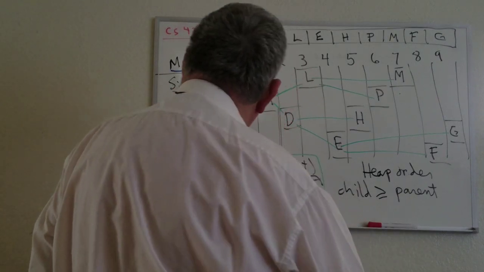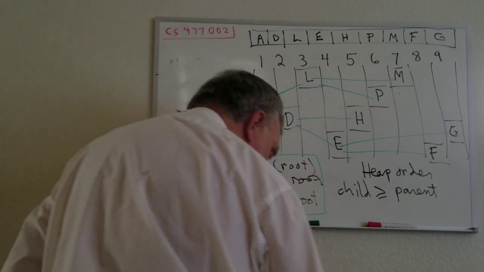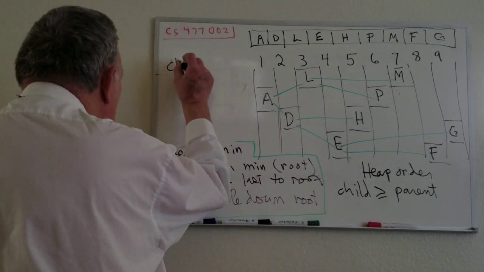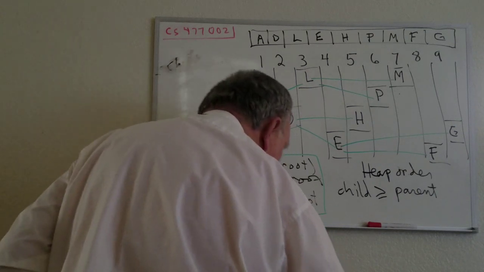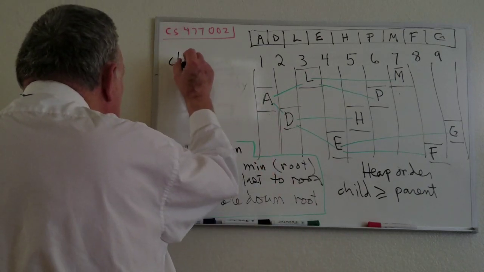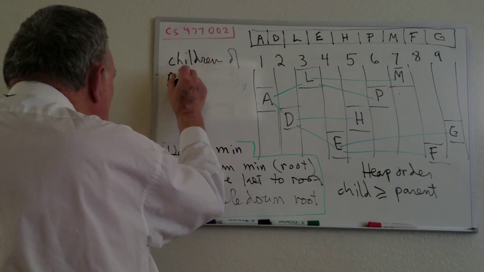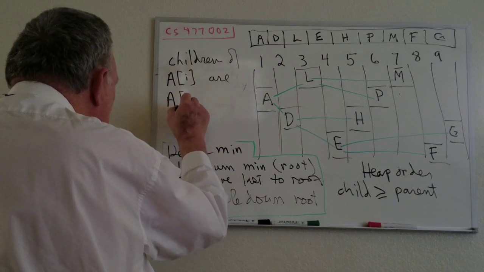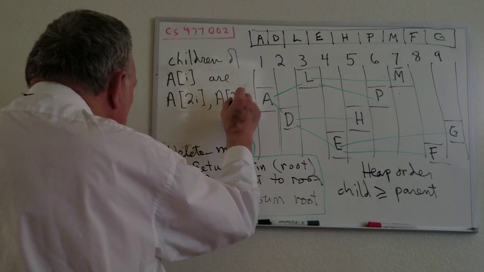Well, I'm going to have to erase this part in order to write that here. The children of the item in position I of the array are the values in position 2I and 2I plus 1.